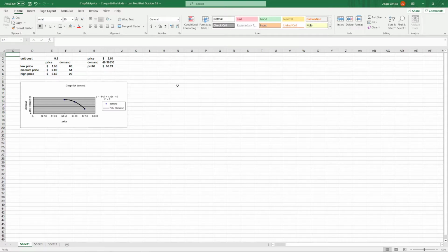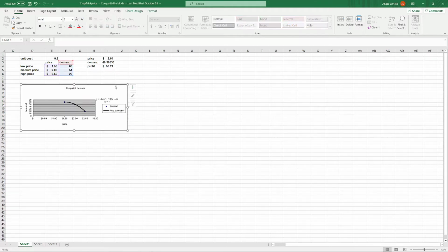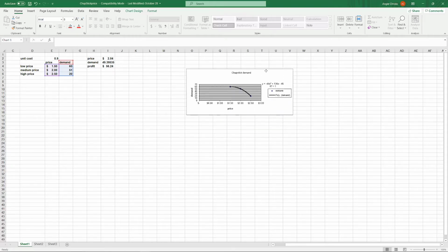Maybe it's something else. Maybe you don't really know what it is. In that case, you can follow this method right here. Again, this is when you're not really sure what your demand curve equation should look like, so you want to be more flexible about it.